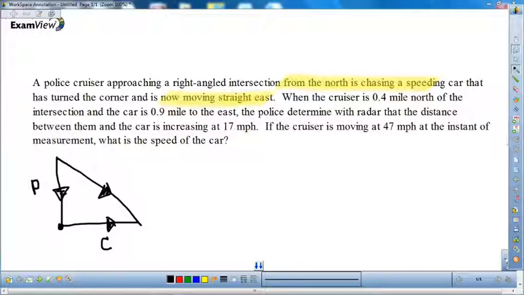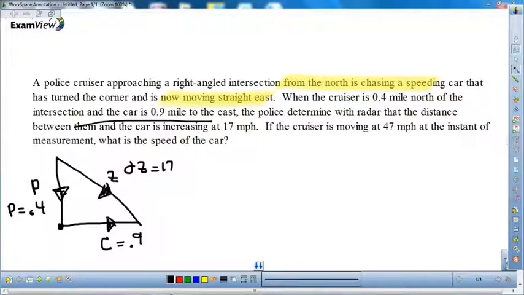So it says when the cruiser is 4 miles north of the intersection, the car is 9 miles east. The police determine with radar that the distance between them is increasing, so I'm going to call this Z. So dZ is 17 miles per hour.